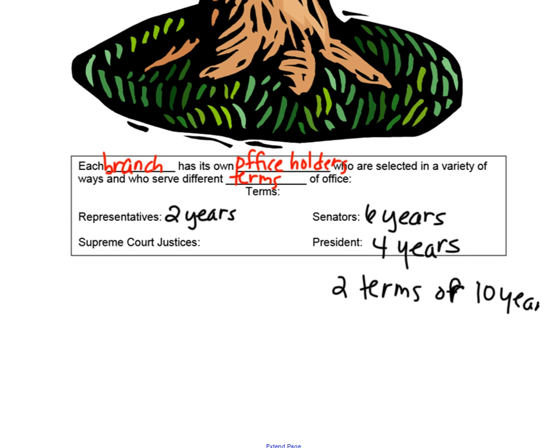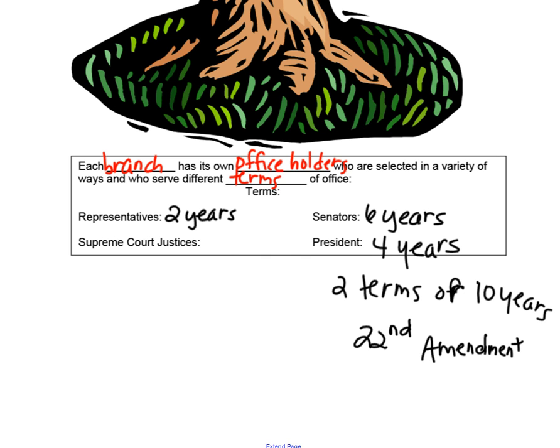And how does that work? Well, if he or she was vice president and the president under which they were serving died and they had 2 years or less in their term, they could serve that out and then be elected twice more. And we have that thanks to the 22nd Amendment, which was a result of the fact that FDR had been elected 4 times.